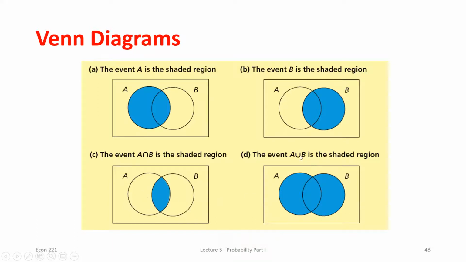If I think about the union, the set symbol that looks like a U, A union B, or A or B, it's every outcome that's in A, or it's in B, or it could even be in both, right? So notice part of the union is actually this intersection, right? The union includes the intersection, okay?